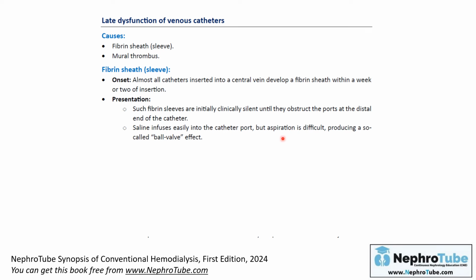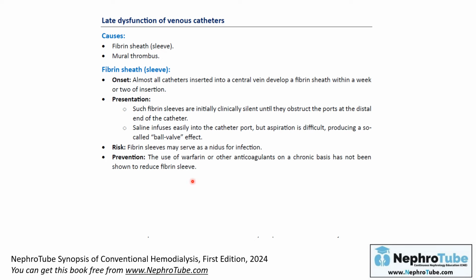But when you try to aspirate, you will create a negative pressure that will suck the fibrin sheath around the ports of the catheter, causing difficult suction. Fibrin sheath is dangerous because it is considered a nidus for bacteria and infection.